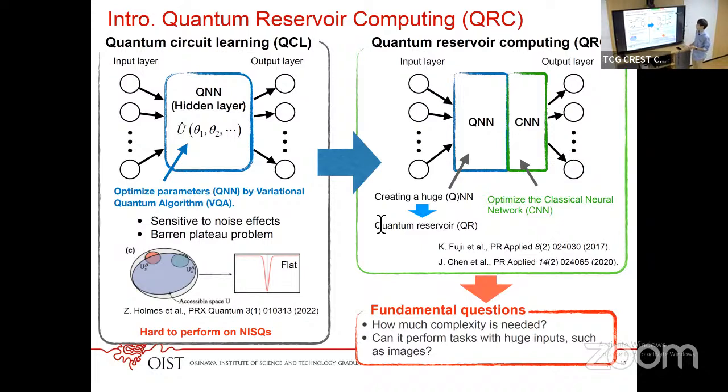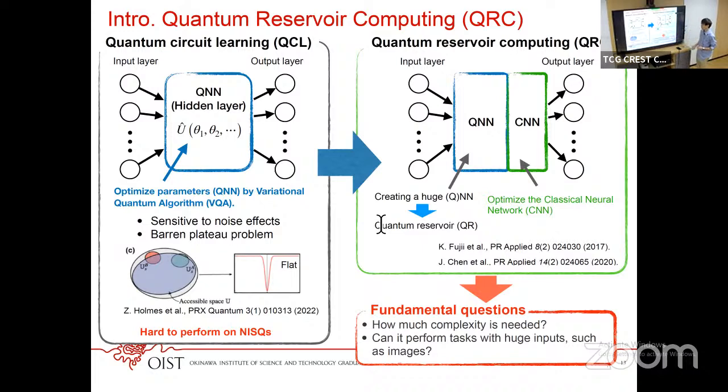Briefly, it has four layers: input, quantum neural network, classical neural network, and output. In reservoir computing, we use the quantum neural network to create a huge quantum network. We call this part the quantum reservoir, and we don't touch it. Optimization is applied only to the classical neural network part, like here.